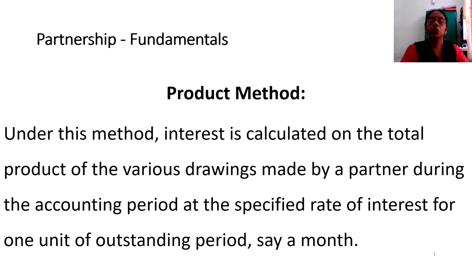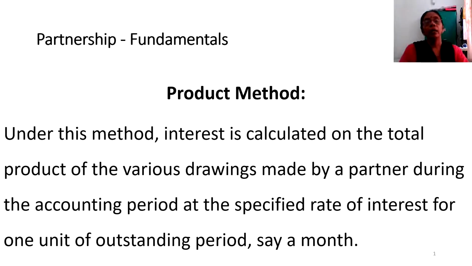When the drawings by the partners are at regular intervals of time, we can use any of these methods, be it the direct method, the product method, or even our average period method, which we call the shortcut method. But in case of irregular withdrawals, that is, when it does not have a proper frequency, we cannot use the average period method. We should rely upon either the direct method or the product method.